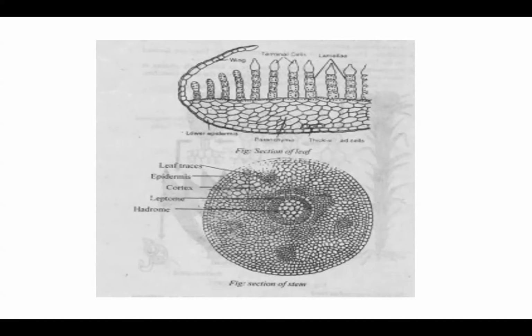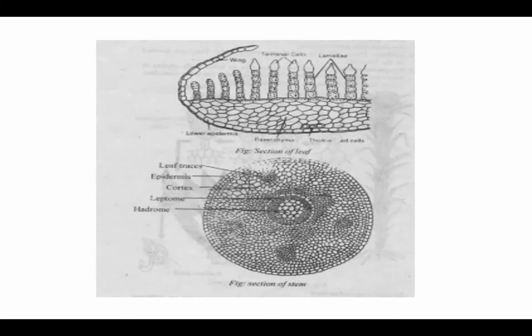Usually in the diagram you're seeing a single-layered epidermis, but this epidermis is not exactly a line-like, cylindrical structure. It is divided into lobes, because the leaves are spirally arranged, so lobe-like structures you will see.